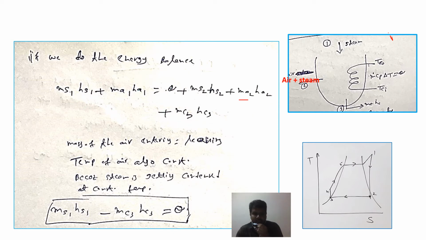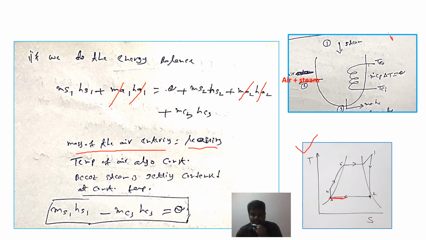In this equation, mass of air entering equals mass of air leaving, so this one and this one get cancelled. And also, as you can see in the TS diagram, the process 2 to 3 is the condensation process.